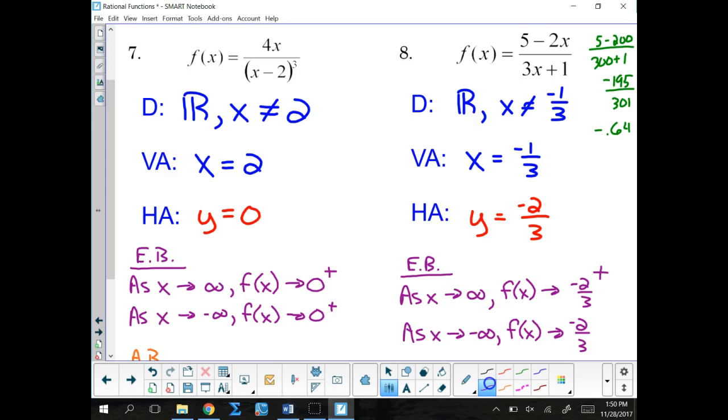Now let's go to negative 100. That's going to be 5 plus 200 over negative 300 plus 1. So that's going to be 205 over negative 299. Somebody calculate that for me.